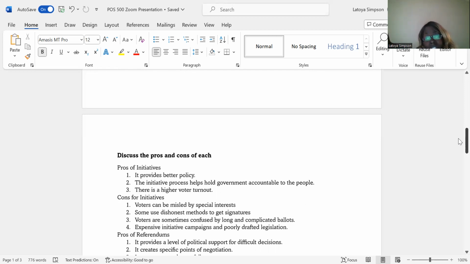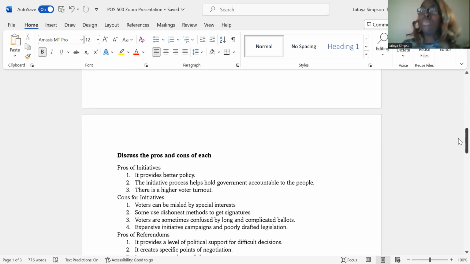Now, some of the cons for initiatives are voters can be misled by special interests. Some use dishonest methods to get signatures. Voters are sometimes confused by long and complicated ballots, and expensive initiative campaigns and poorly drafted legislation are some of the things that happen when initiatives are created by the people.